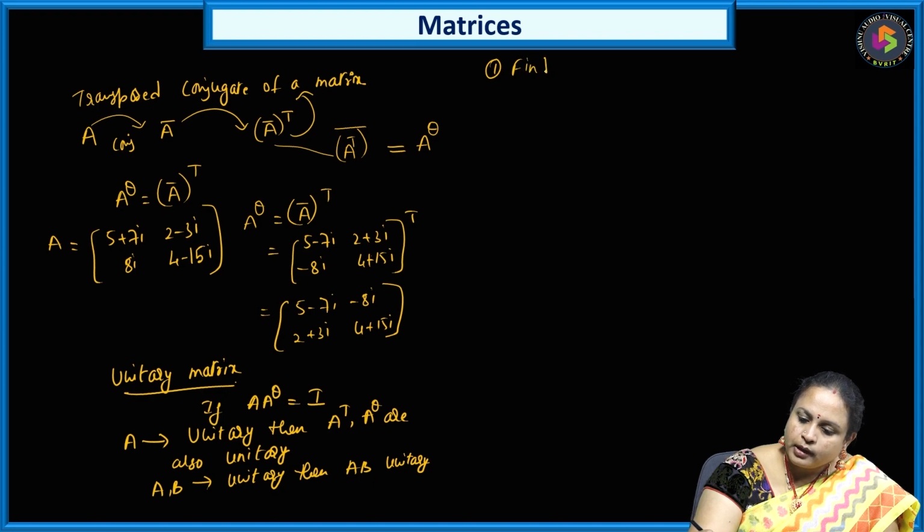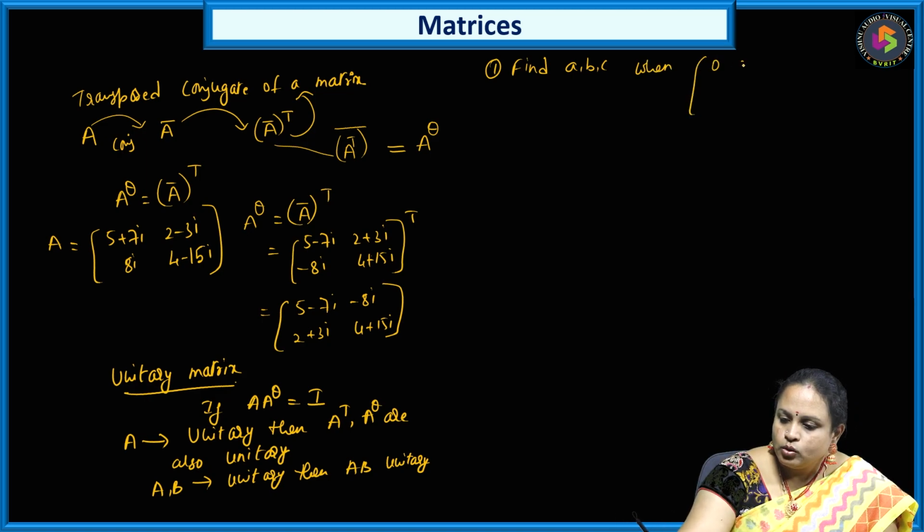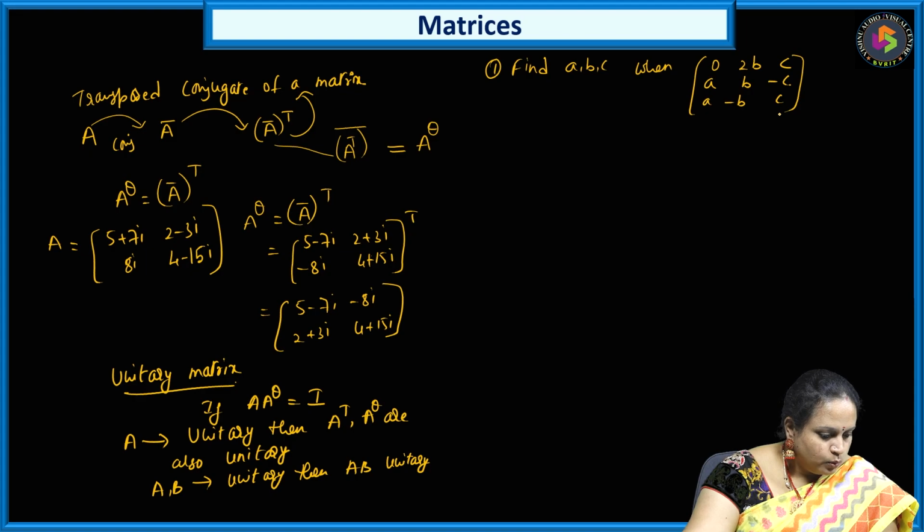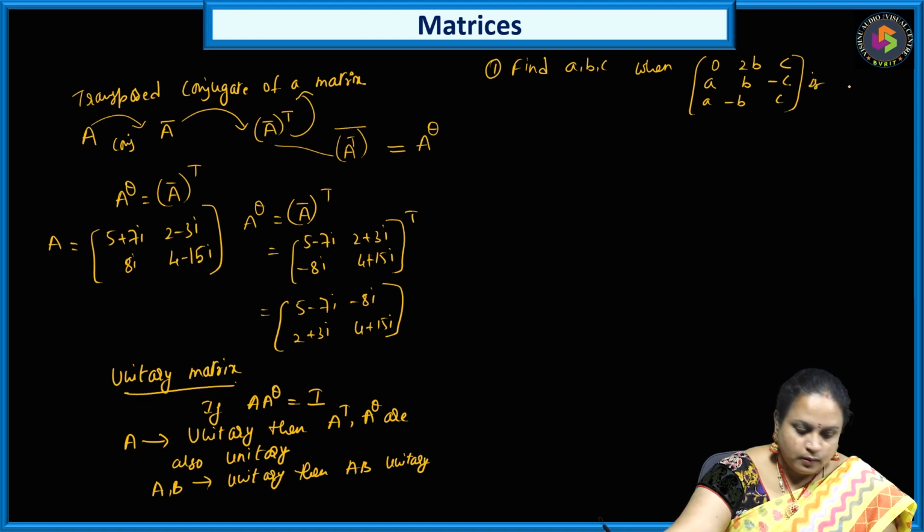Find A, B, C when we are given a matrix 0, 2b, c, a, b, minus c, a, minus b, c, and it is an orthogonal matrix.